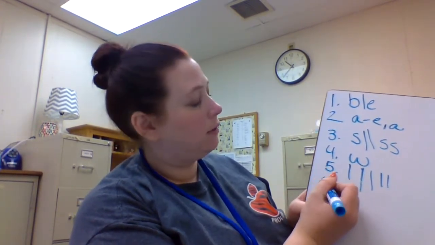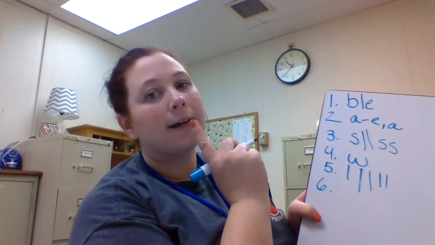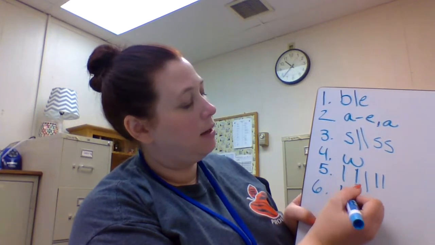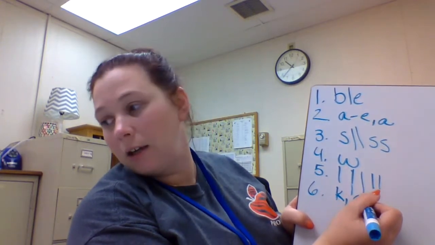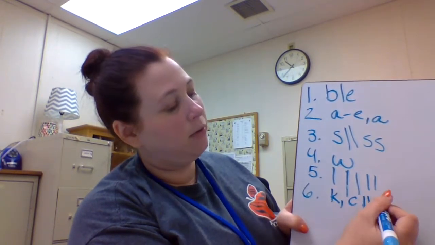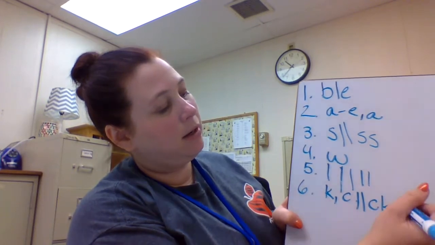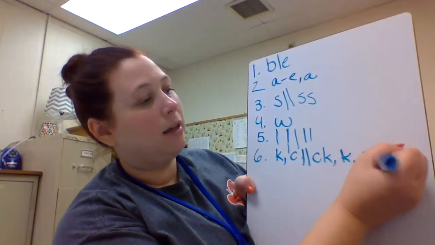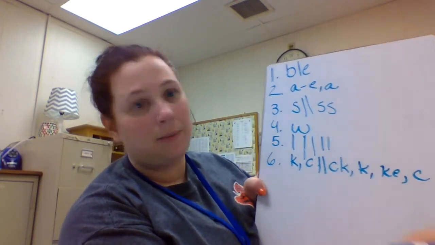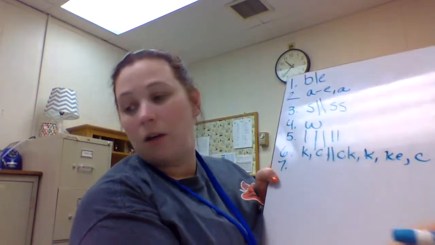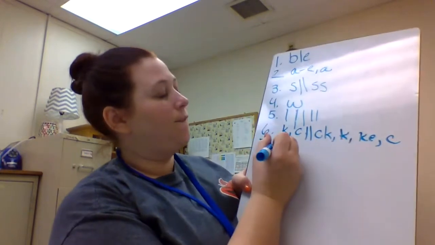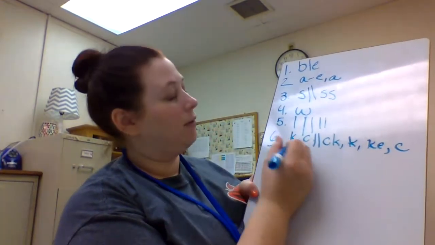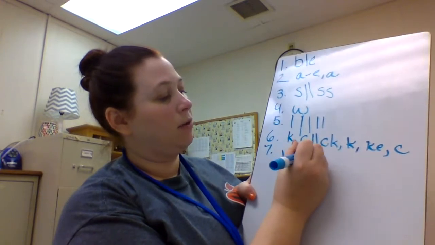Number 6, k. We can make that with k, comma, c, or as a final sound, ck, k, ke, and like we just learned, a c. Number 7, v. We have that as v, or as a final sound, remember, ve.